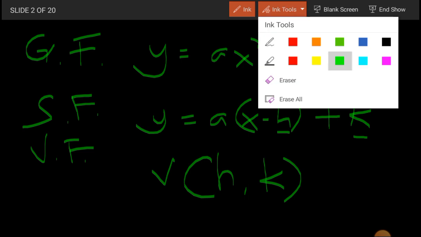Now let's have an example on transforming the general form into the standard form or vertex form. For example, we have y is equal to x squared minus 2x plus 3. So we have to transform this into vertex form.